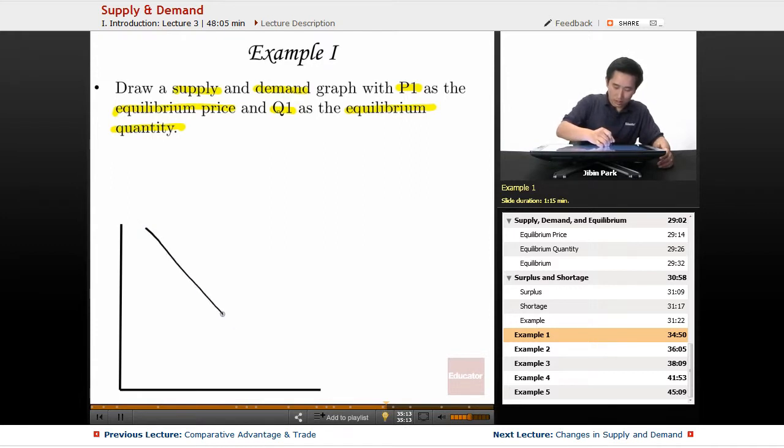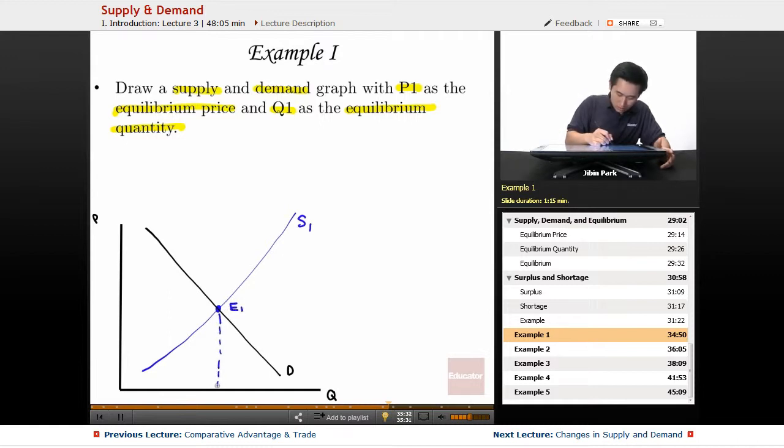So you get a downward sloping demand curve here, and put quantity and price, and then you have an upward sloping supply curve. That's it. Where supply and demand equal each other, that's going to be the equilibrium. And then this is going to be equilibrium quantity. And this is going to be equilibrium price.